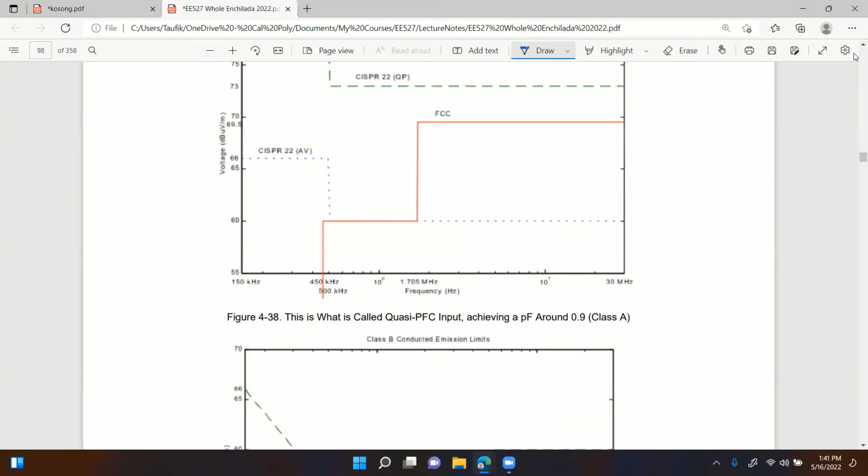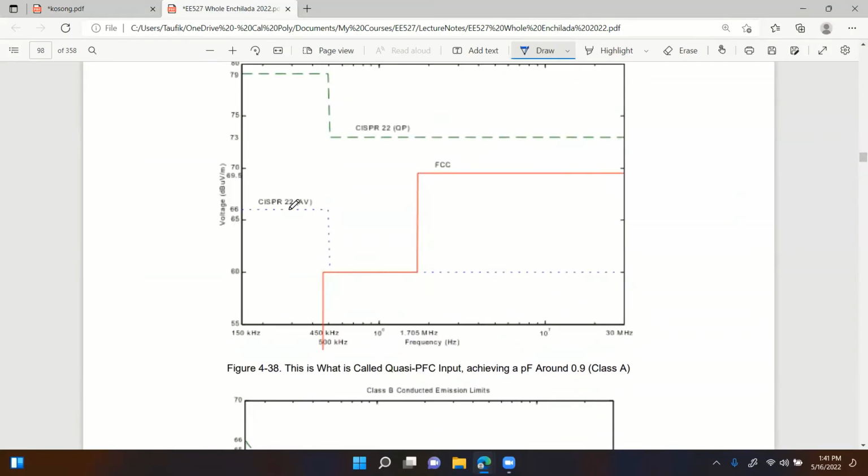Class A, as you can see right here, that's the amount of emission that is allowed. The red belongs to the FCC regulation. The green dash line belongs to the European standard, QP. I don't know what QP is. And then there's another line from the same European standard, but a different category.